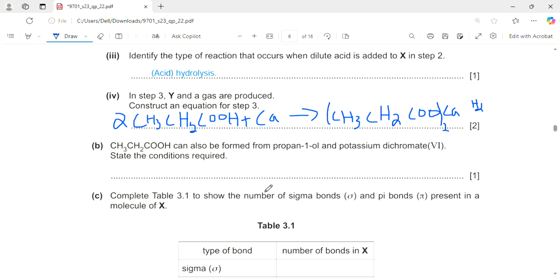Part B: propanoic acid can also be formed from propan-1-ol and potassium dichromate(VI). State the conditions needed. So what will be the conditions?